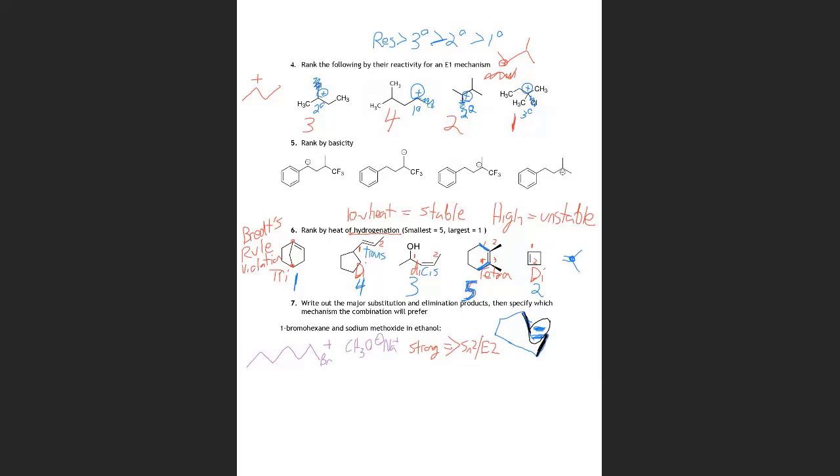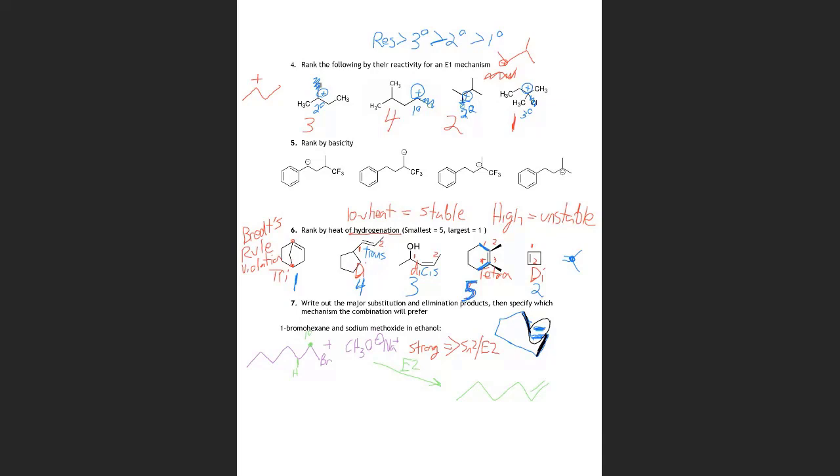All right. So if we did, we've got a carbon, it's primary. We would need to take an adjacent hydrogen, there's only one, and it would need to abstract that hydrogen and form a double bond. So our product would look like that.